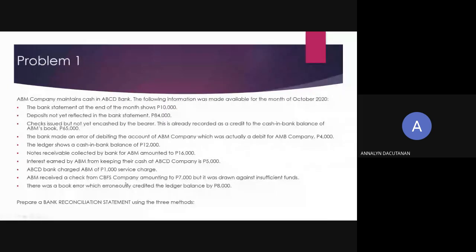So, in order to correct it on your books, diba, originally, nag-record ka na, nagbayad na siya sa akin ng cheque eh. So, debit cash, credit accounts receivable. You need to reverse that entry. Magiging debit accounts receivable ka ulit, credit cash. So, ibig sabihin, mawawala ngayon yung cash na initially ni-record mo sa libro mo. That's why it's a deduction, yung NSF check.